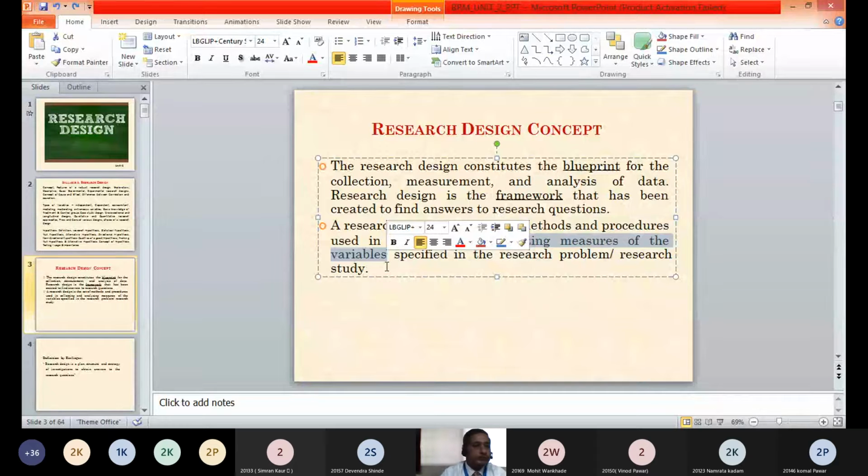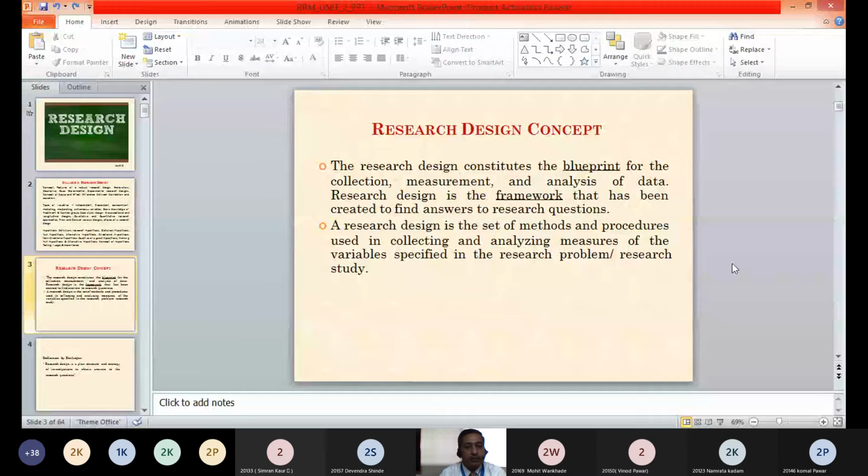Whatever variables, for example, the sales and the advertisement, these are the two variables, as we took this as an example in the last session. So research design, as we are saying here, is a set of methods and procedures used in collecting and analyzing the measures of variables specified in the particular research problem or research study.